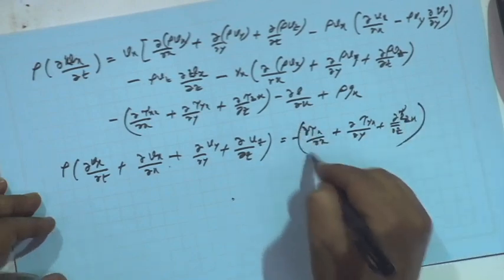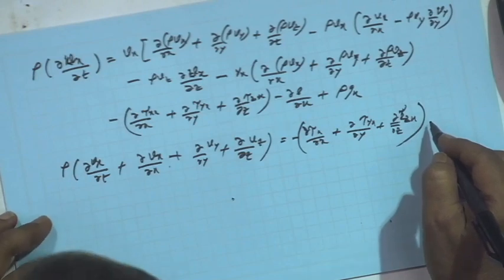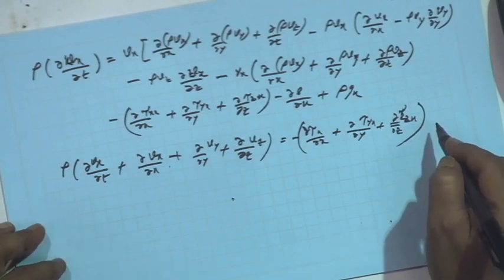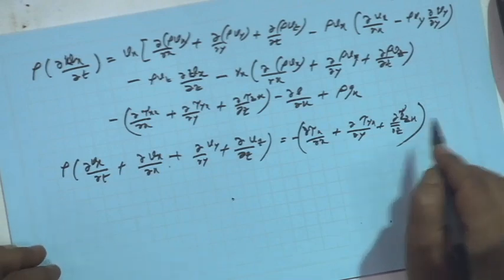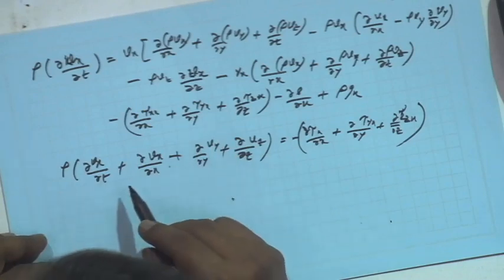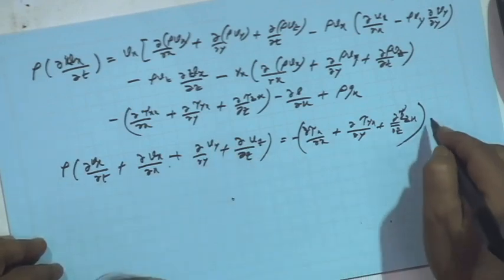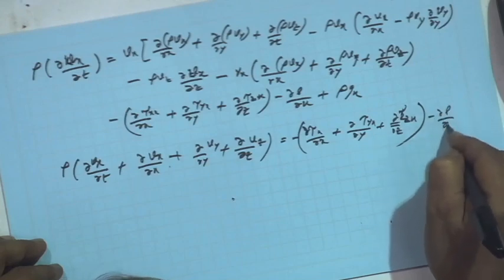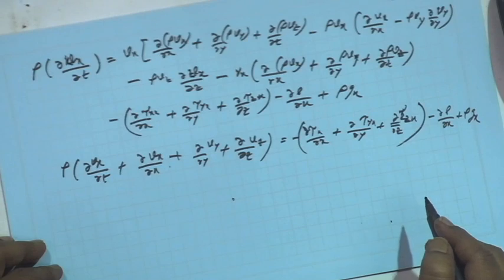So, this we can write, and of course, if we remember that earlier we had taken this, and of course minus del p del x plus rho gx was also there, right.